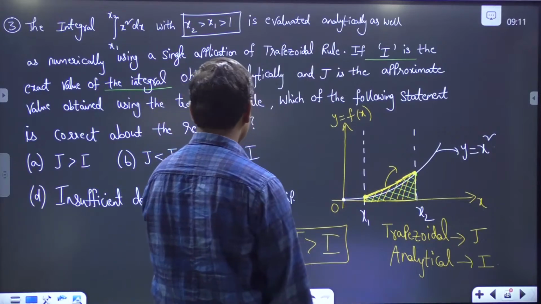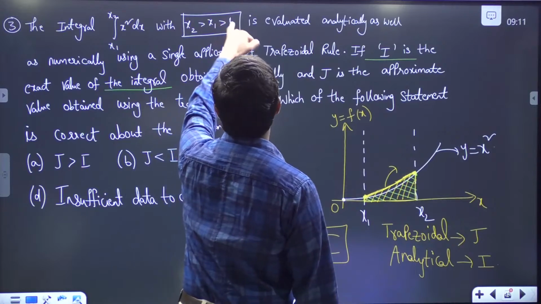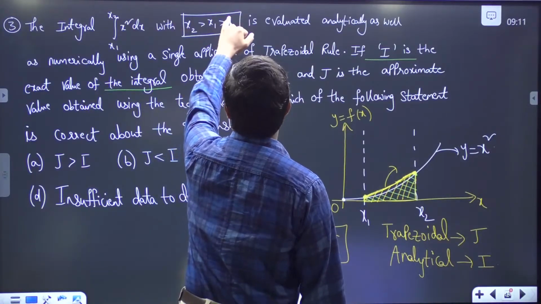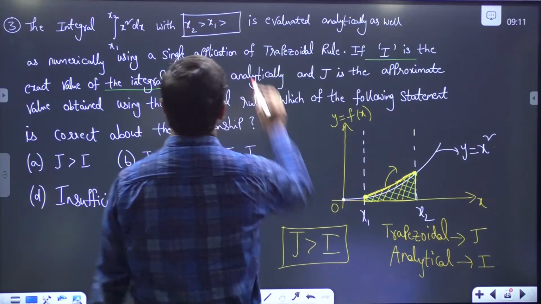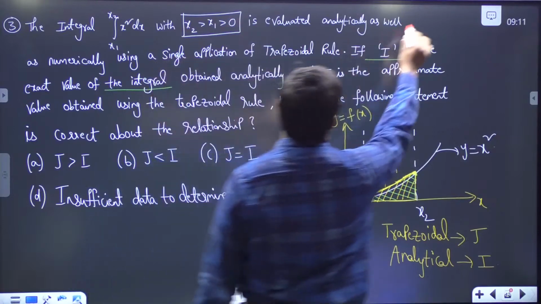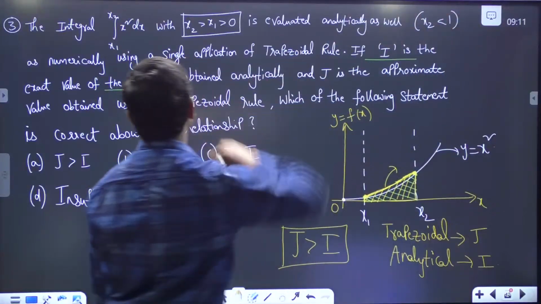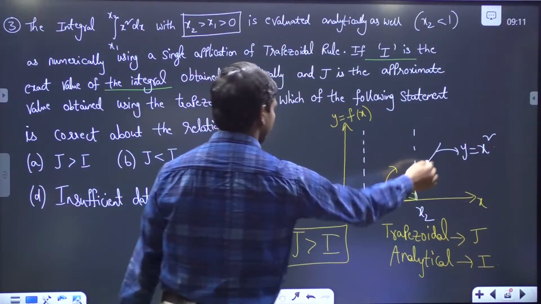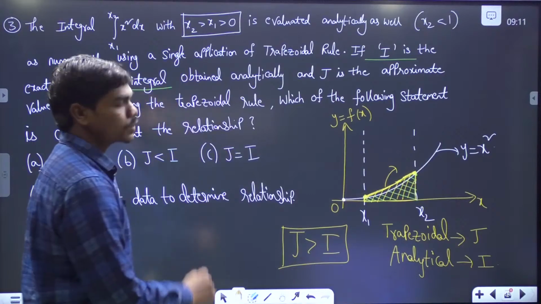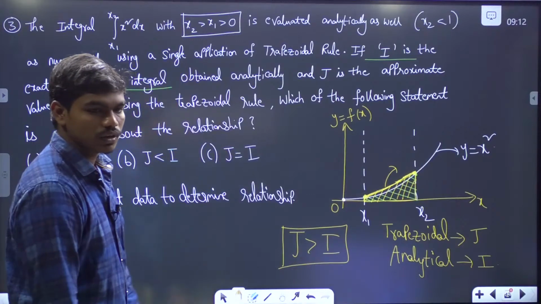Sorry, this should be 0, and x2 less than 1. We'll make one more assumption, x2 is less than 1, because if x2 is greater than 1, then when connecting, this interchanges. So x2 is less than 1 in this case.